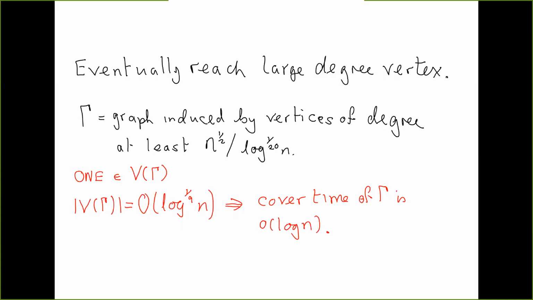This is an expectation. And of course, if you visit every vertex, you're going to visit vertex 1, because its degree is bigger than that. And you'll have found vertex 1. And that's the end of the story. Okay?